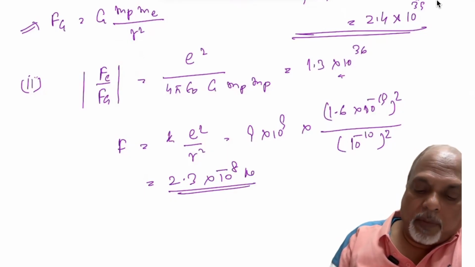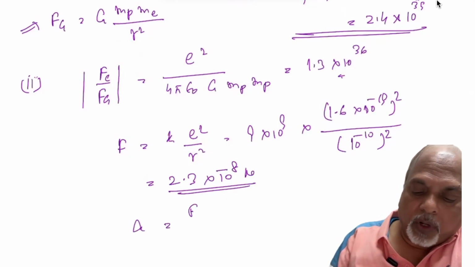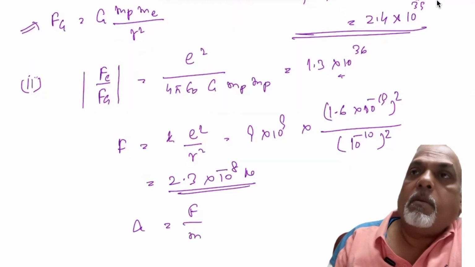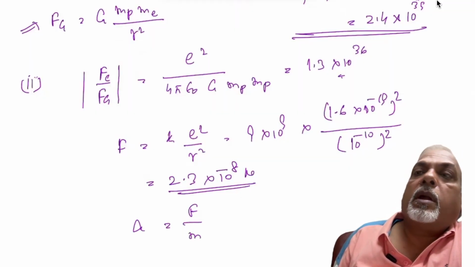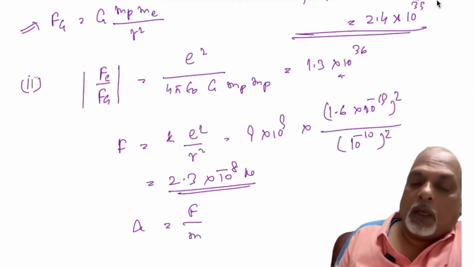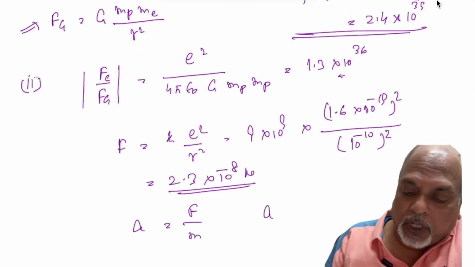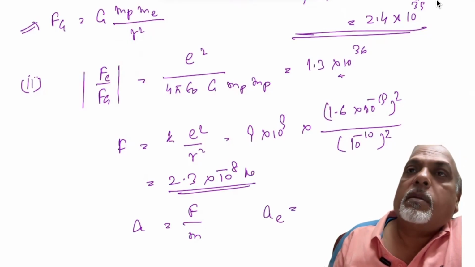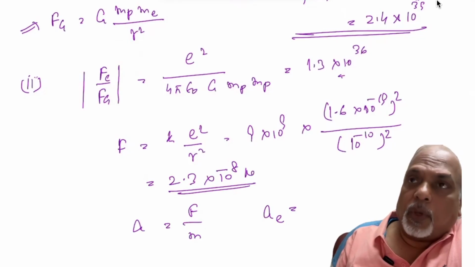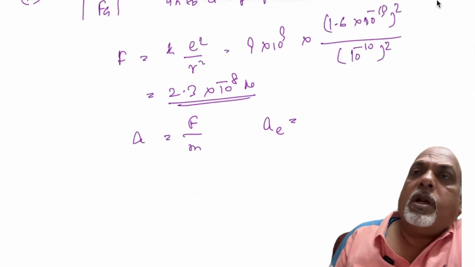correct? So what will be the acceleration? Force upon m, correct? So the acceleration of basically the electron, because the proton is bounded in the nucleus.